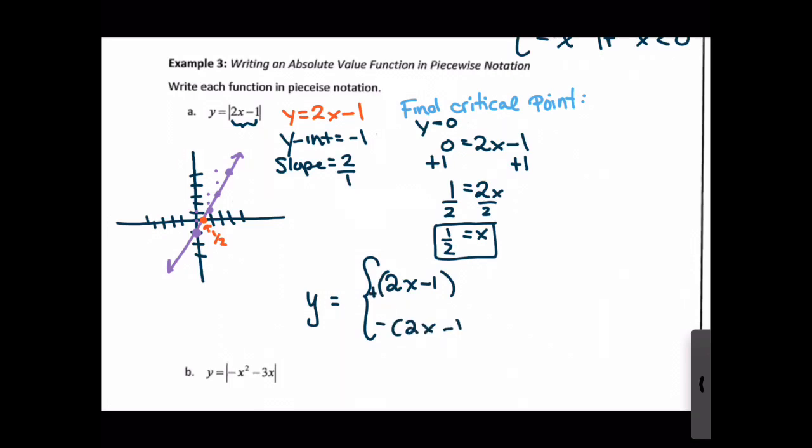Do you see that? 2 parts of your graph, positive version and negative version. I'm going to underline this in green because I'm going to draw the positive version of my graph in green so you can see it. Hopefully this will make sense if green matches green.